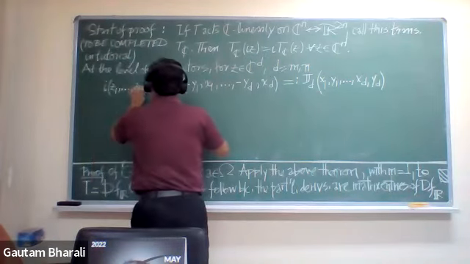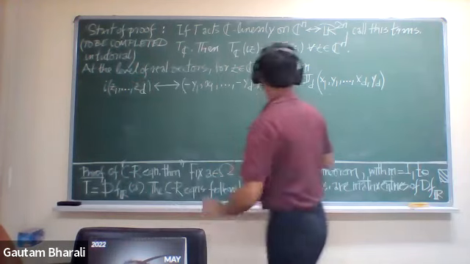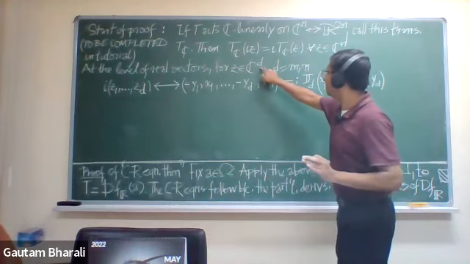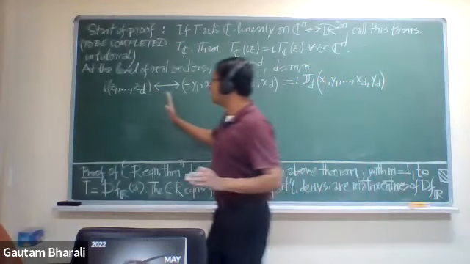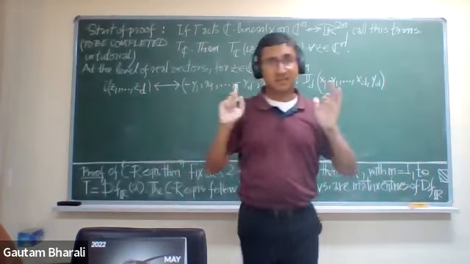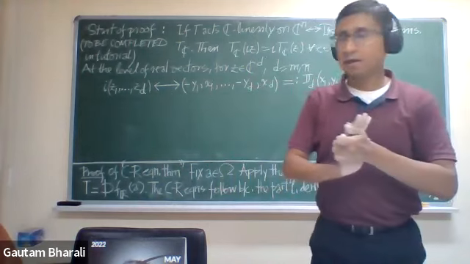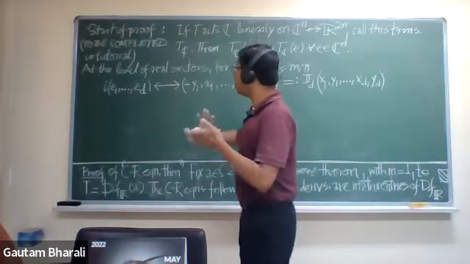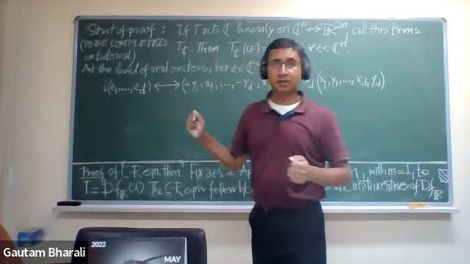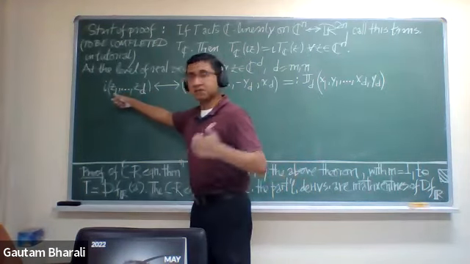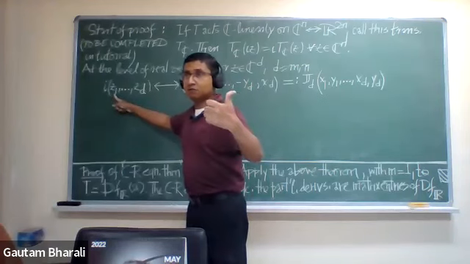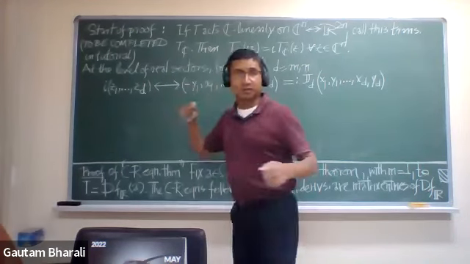Sorry, d is my dummy. d stands for either m or n. So if I have a complex d-vector, the identification of it with a real vector is that the real part of the first complex coordinate will come first.